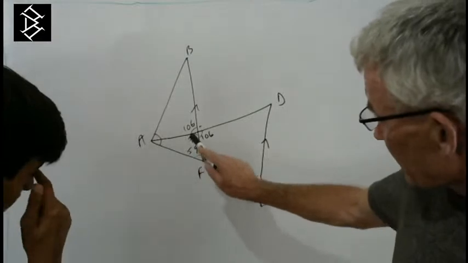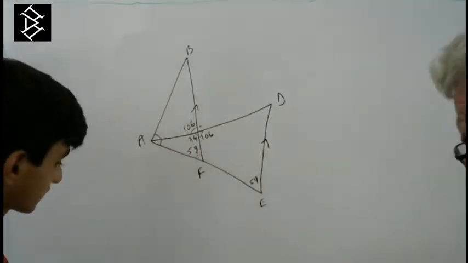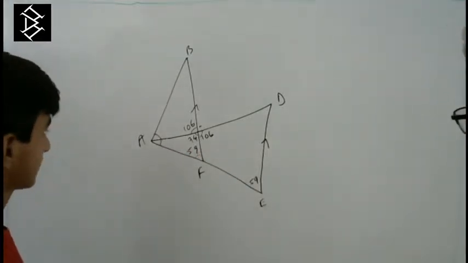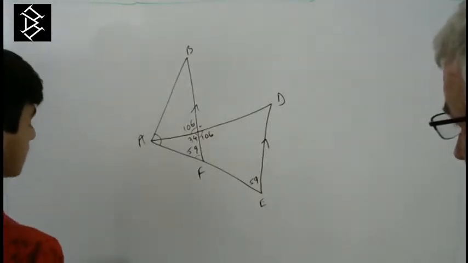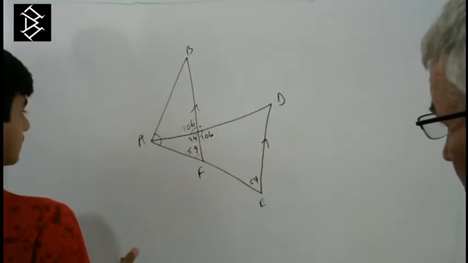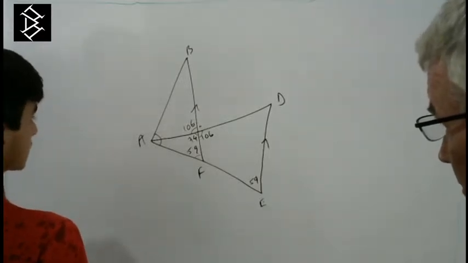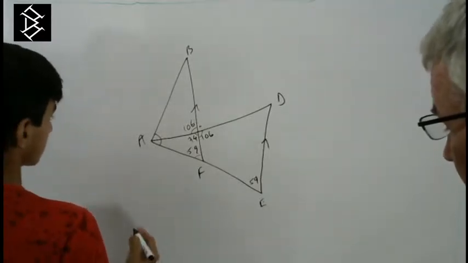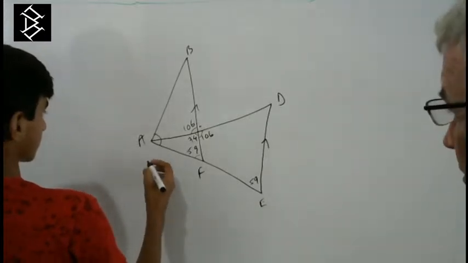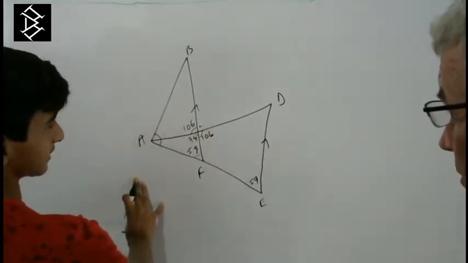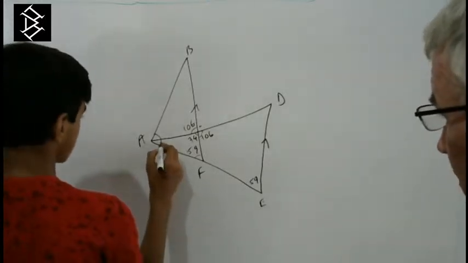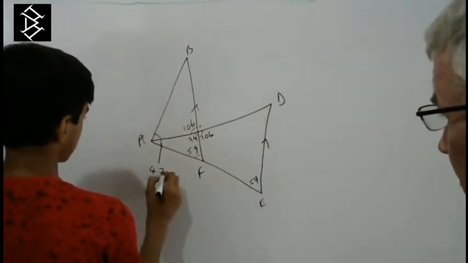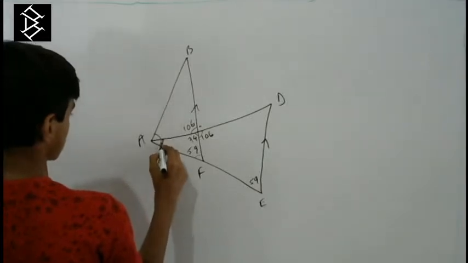So 180 minus the sum of those will give me that angle, which is 74 plus 59, 133, isn't it? So 133 from 180 would give us 47. This angle here is 47. So we found that first part of that, that's 47.